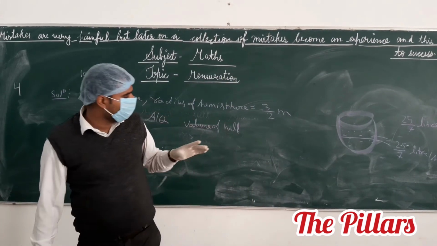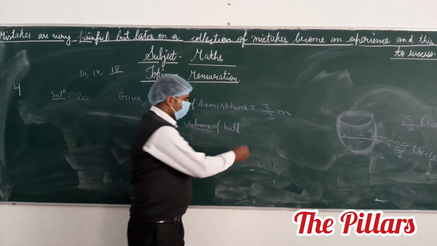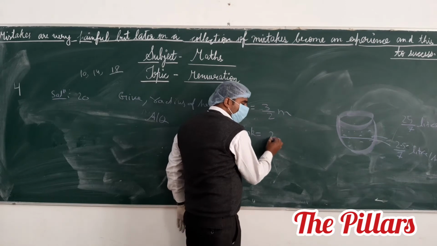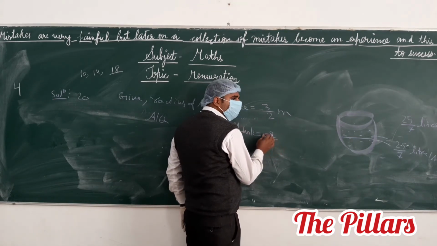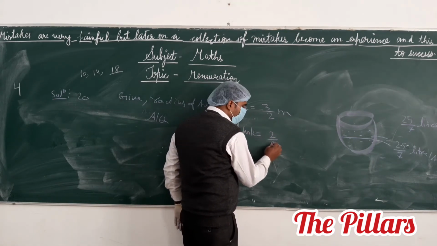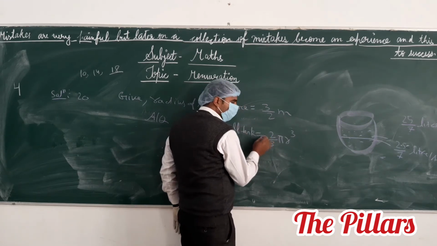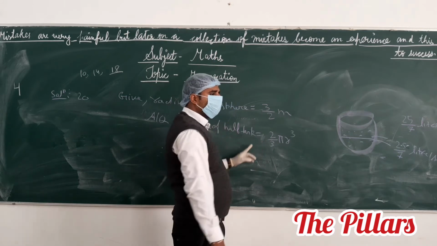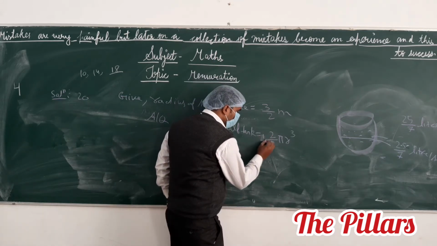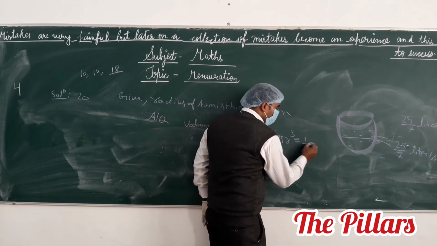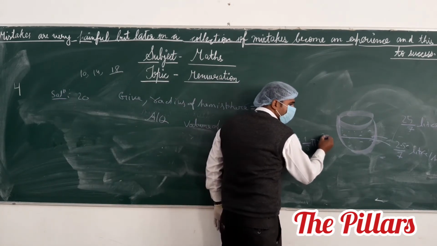Okay, see that volume of half tank equals what? The volume of this hemisphere is 2 by 3 pi r cube, multiplied by 1 by 2. 2 and 2 cancel out. This will be equal to 1 by 3 pi r cube.